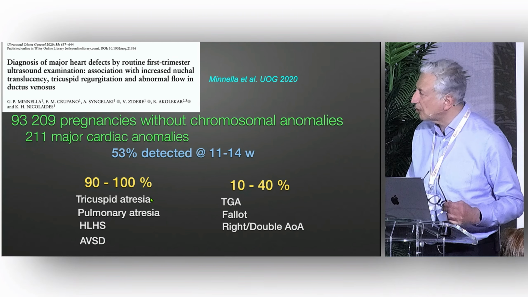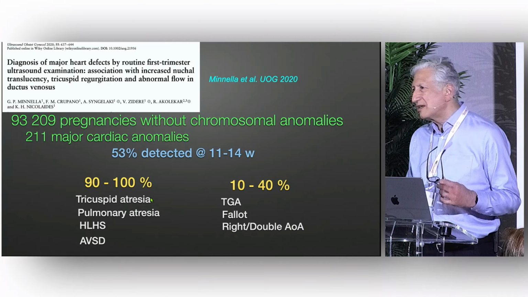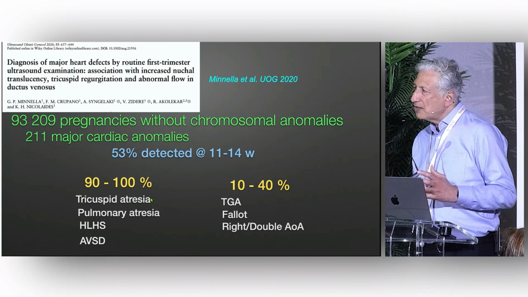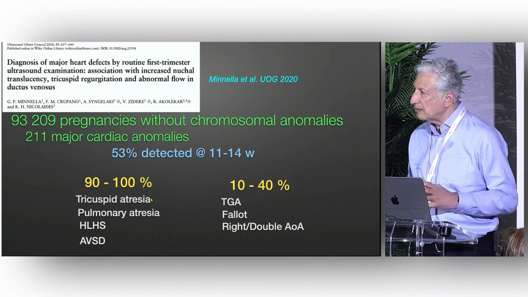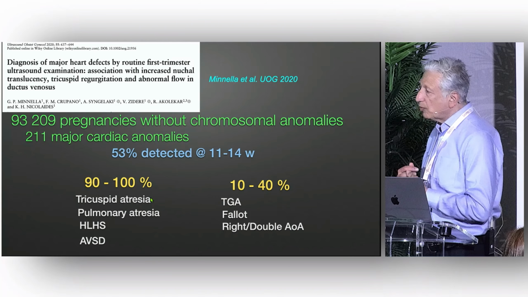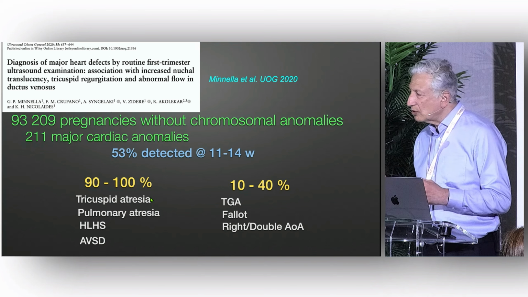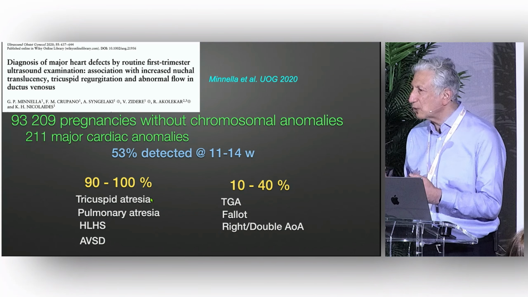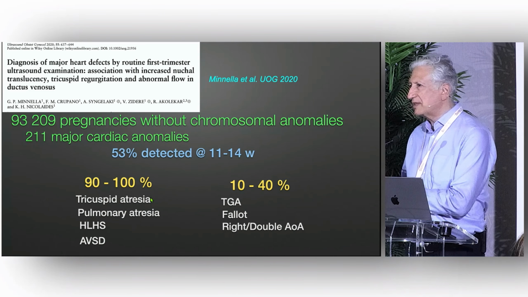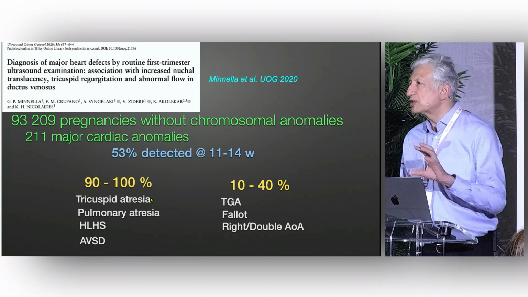And especially when you add color, it's quite easier in comparison to 2D. 2D is sometimes challenging. In my experience, it's more the disproportion of the ventricles which is first apparent. And you will see in the cases of pulmonary atresia, sometimes the right ventricle is quite small, but you have difficulties in comparing a normal small right ventricle to a truly small ventricle, because the right ventricle is by definition a bit smaller than usual.